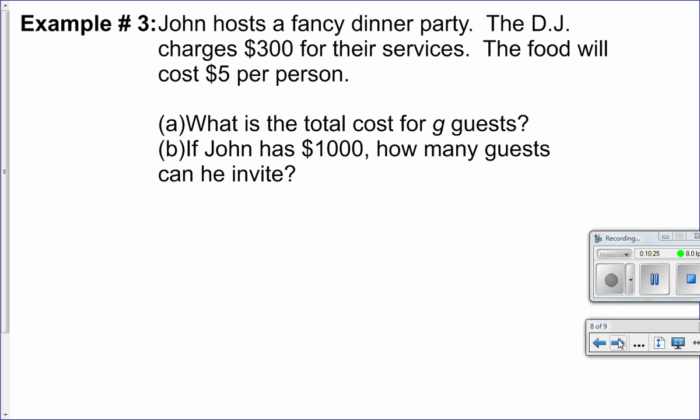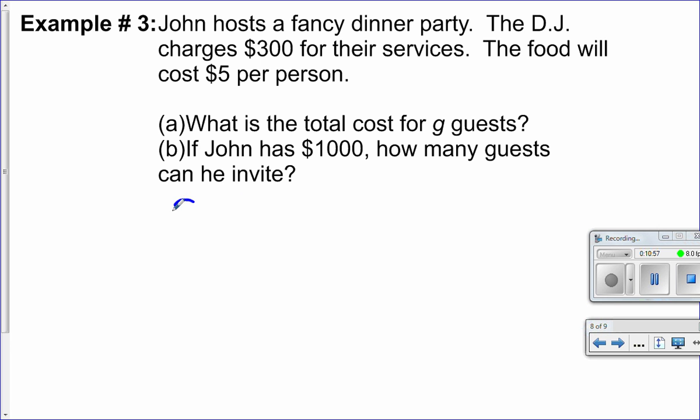Okay, example number 3. John hosts a fancy dinner party. The DJ charges $300 for their services. The food will cost $5 per person. Okay, we'll do part A together here. What is the total cost for G guests? Well, first I've got to make a formula.